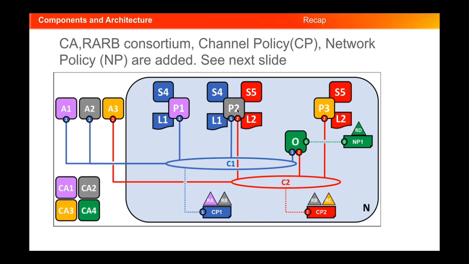That's why P2 and P3 have the smart contract 5 and the L2 ledger associated with it. As you can see in this picture, P2 is part of both channel 1 and channel 2. So that is the reason it has two smart contracts installed on top of it, and it is also associated with two ledgers.